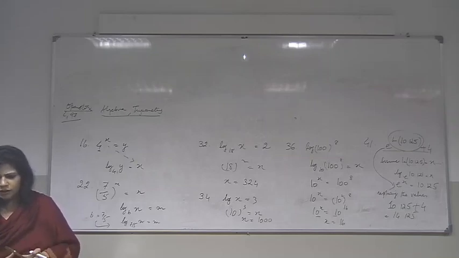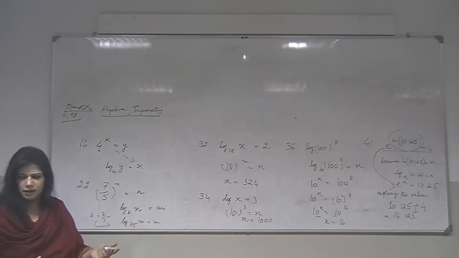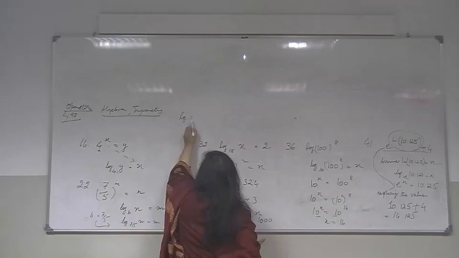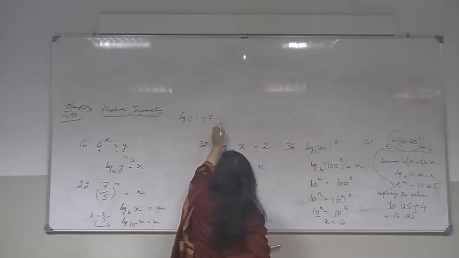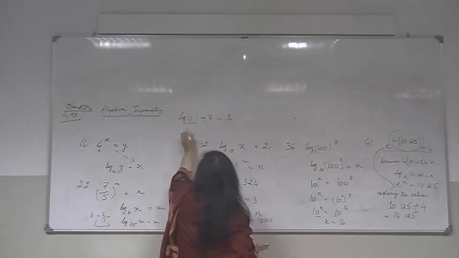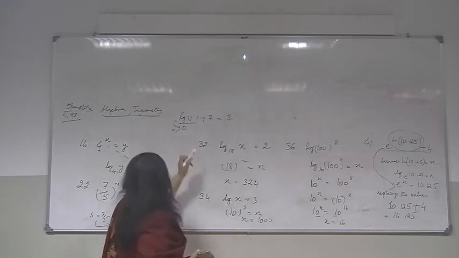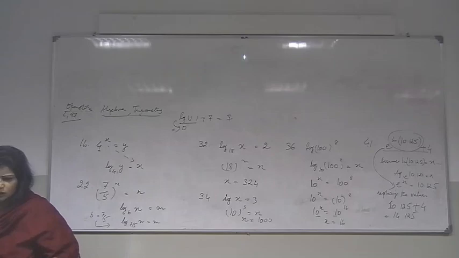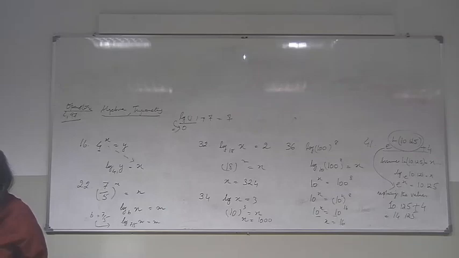Okay, so 48 is simple: log 1 plus 7 would be 7, because this value is equal to 0. Now I hope you can do these questions. They're pretty easy to attempt.